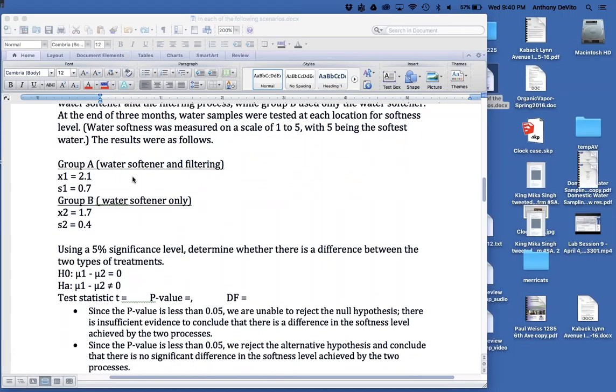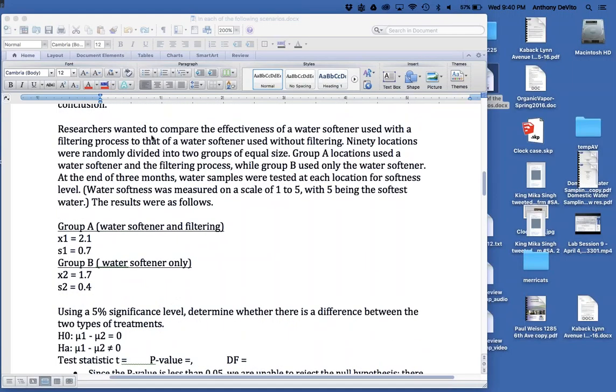Group A, well, now remember, is this a paired sample or a non-paired sample? It's non-paired because there's 45 in one group, 45 in the other group. It's not before and after.